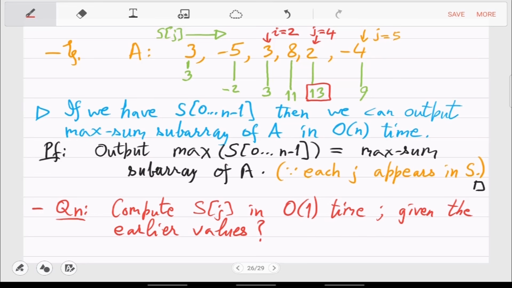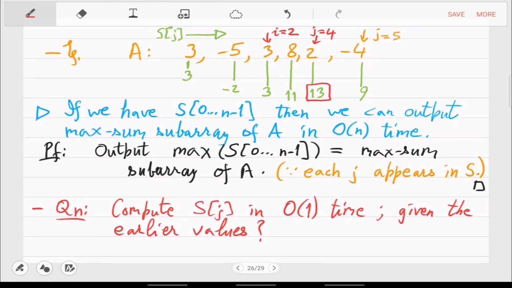So you have to make this constant per iteration, right? You are not allowed to use an inner for loop. You have an outer for loop going from 0 to n minus 1, but everything inside the for loop has to be very simple, just a constant time operation.